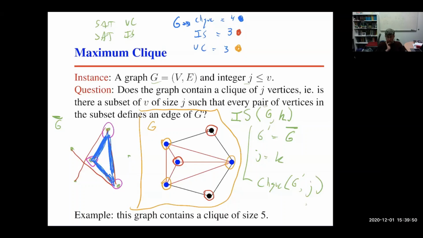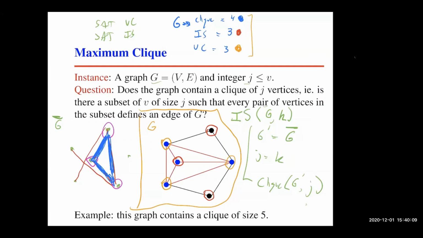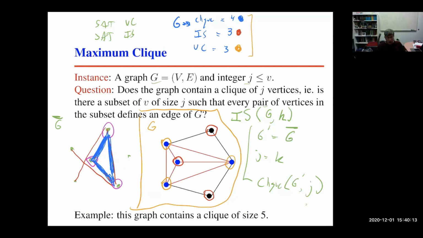And it has a vertex cover of size 3, because anything that's not in the independent set has to be a vertex cover, right? Does everybody see what this is saying? Do people agree with these properties? Yes. Okay.